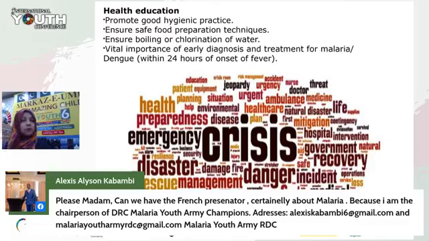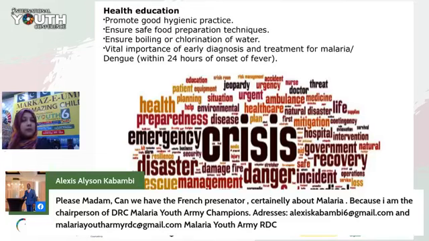The vital importance of early diagnosis and treatment for malaria and dengue is within 24 hours of onset of fever. When we have fever, any type of fever, shivering, headaches, then they are signs and symptoms of dengue, malaria, or these types of vector-borne diseases. But we have to diagnose. We have to have a proper diagnosis system to deal with different types of diseases.